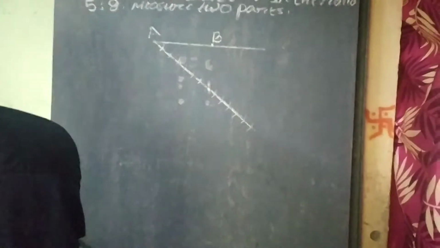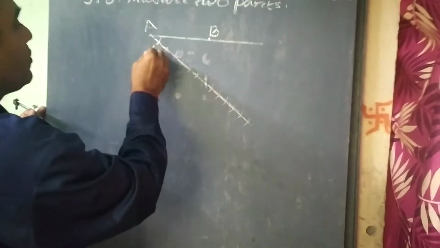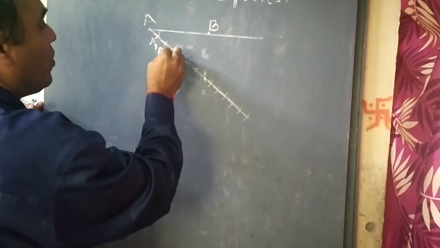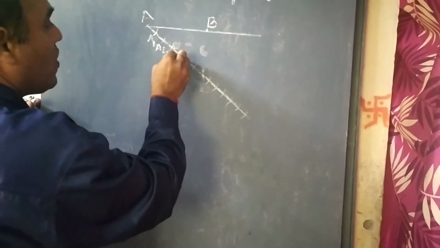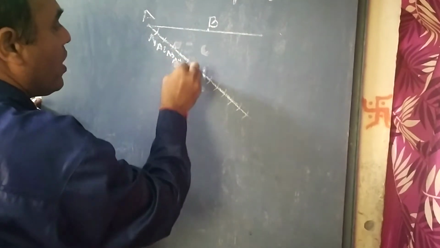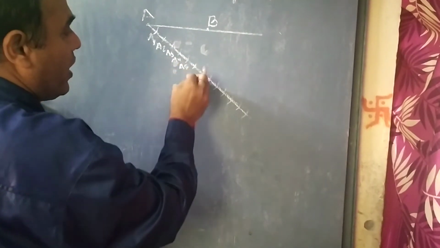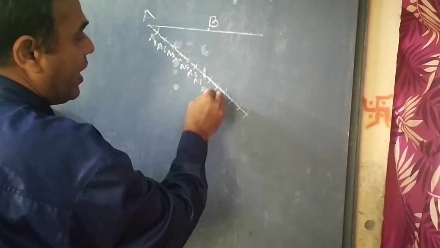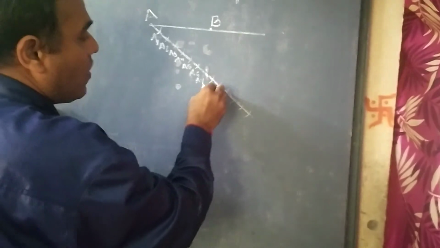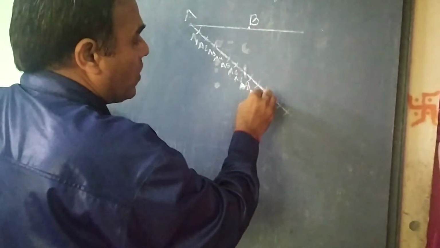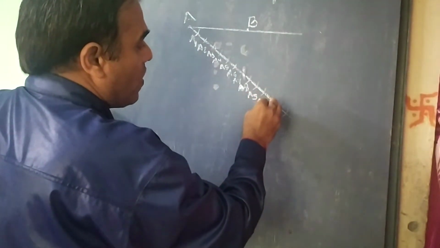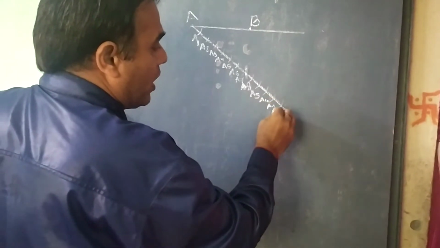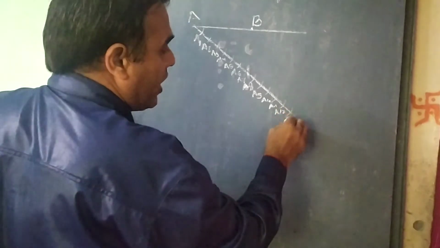We will name them A1, A2, A3, A4, A5, A6, A7, A8, A9, A10, A11, A12, A13.